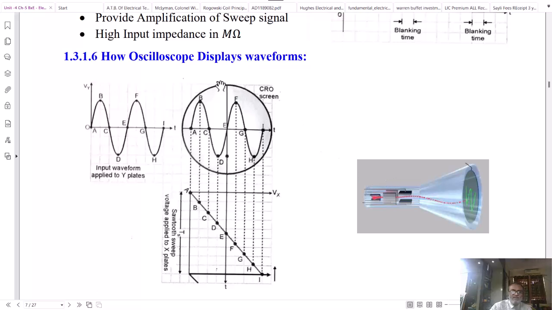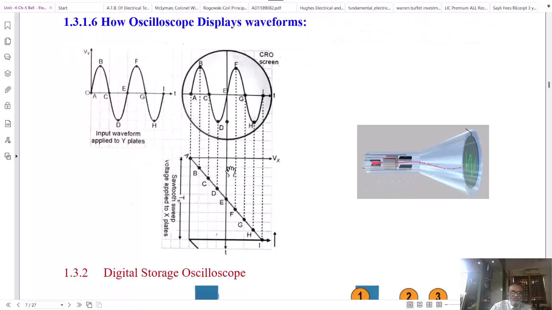You will see here, this is the screen of the CRT. This is the y-axis signal and this is the triangular x-axis signal, that is from the horizontal time base. The ramp signal here is also called the time base signal. The time axis is shown vertically and the voltage axis of the time base signal is shown by Vx.